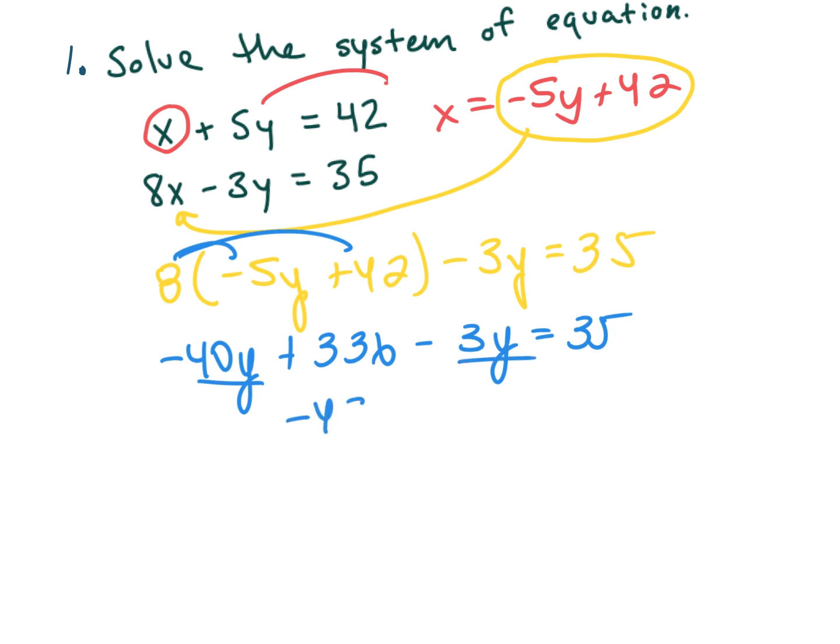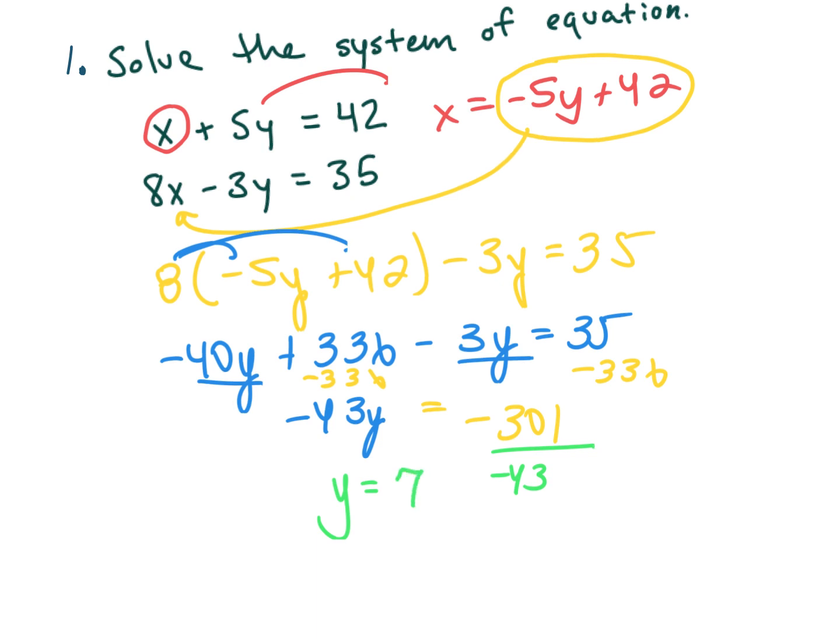So negative 43y, and then I'm going to subtract 336 from both sides. So what's 35 minus 336? Negative 301. All right, and then we do what? So divide both sides by negative 43. So what's negative 301 divided by negative 43?